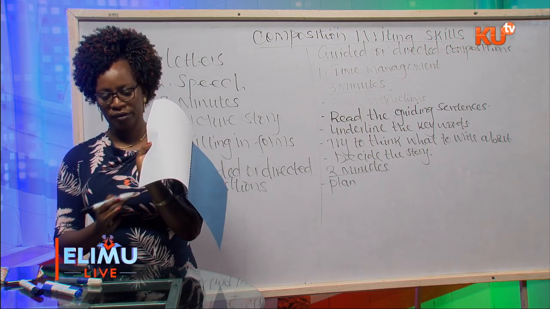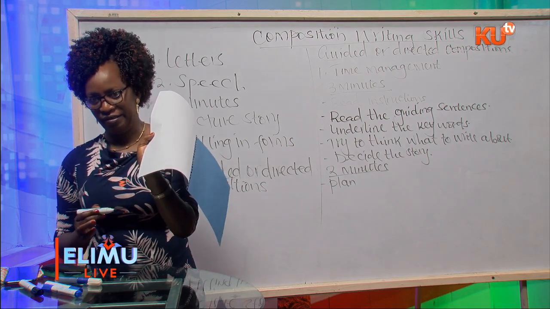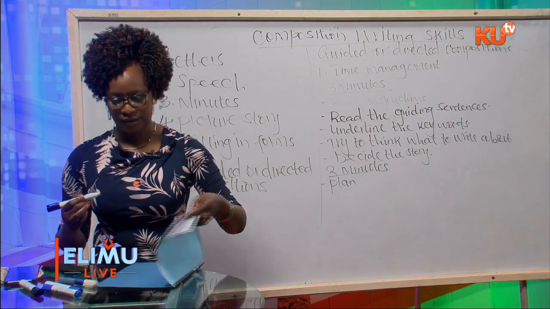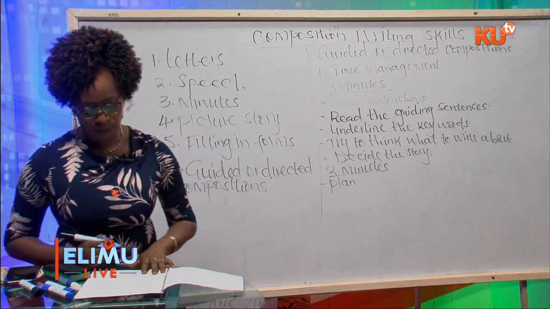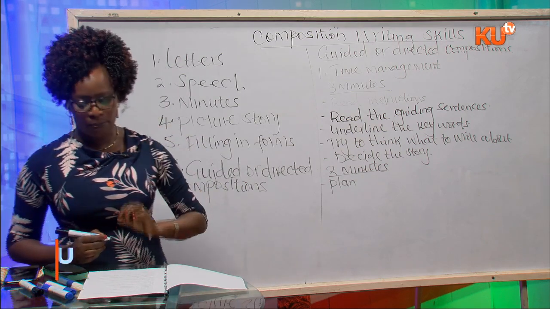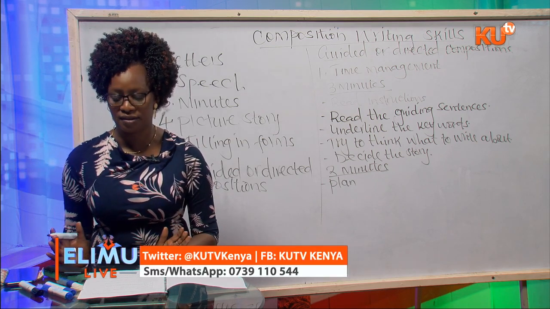Then you are going to draw a line. You cross the plan. The other thing that you are going to do, you will go through the points to check if your story makes sense.